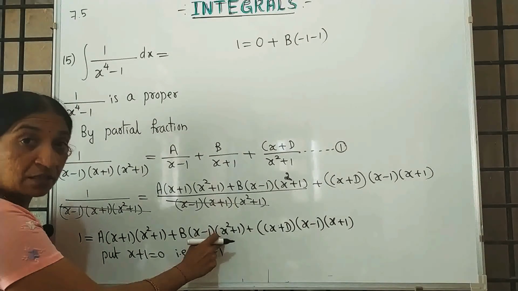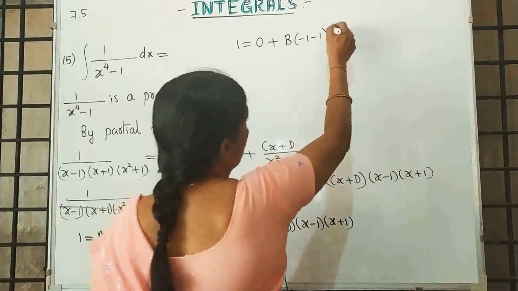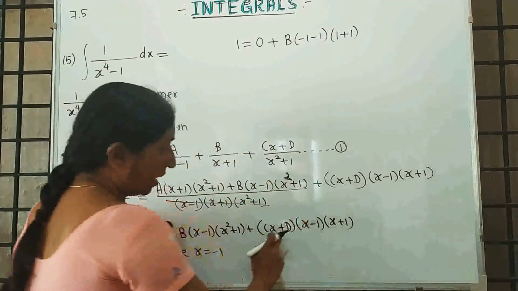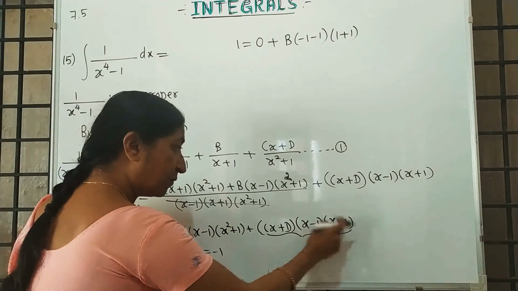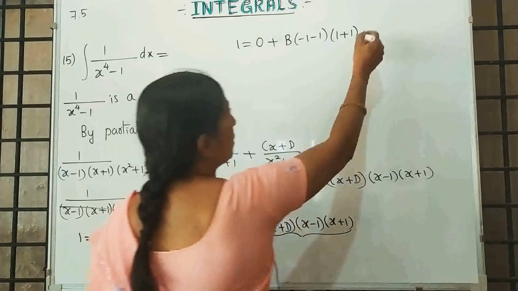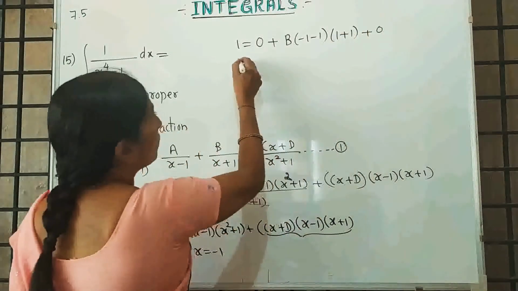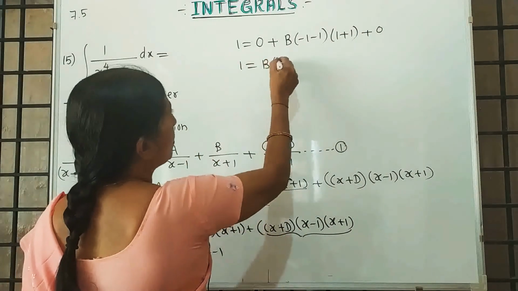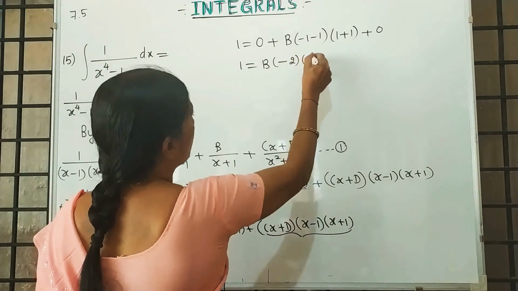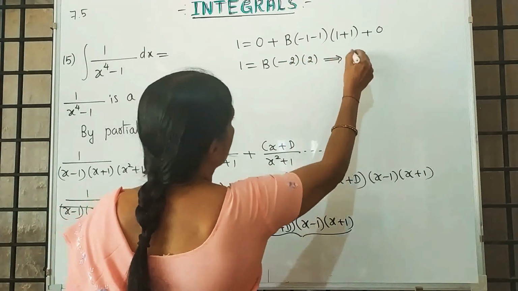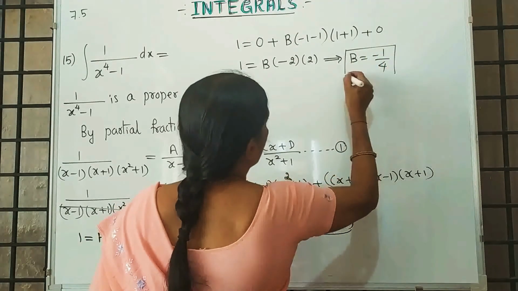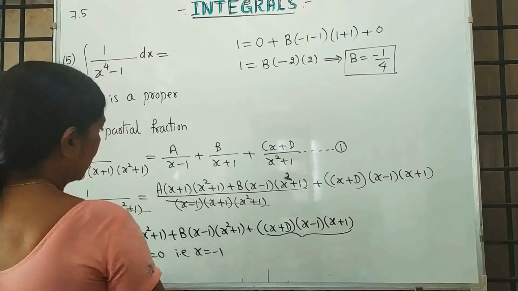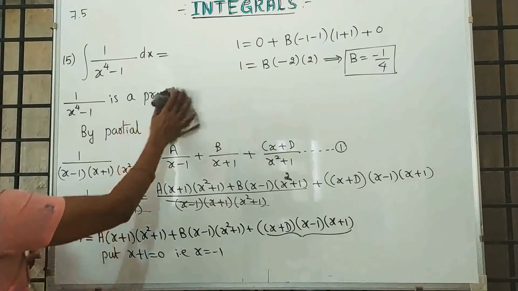Next bracket, minus 1 square is plus 1, so it is 1 plus 1. And the last term becomes 0. Why? Minus 1 plus 1 is 0, and 0 into any value is 0. So 1 is equal to b into minus 2 into 2, which implies b is equal to minus 1 by 4. Select the next bracket. Next bracket is what? x plus 1.